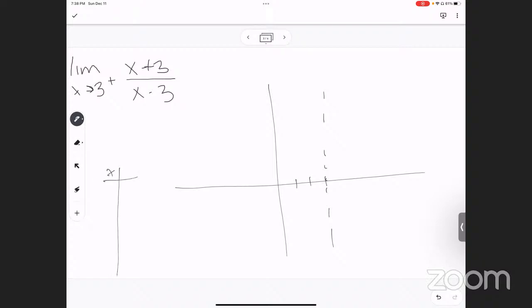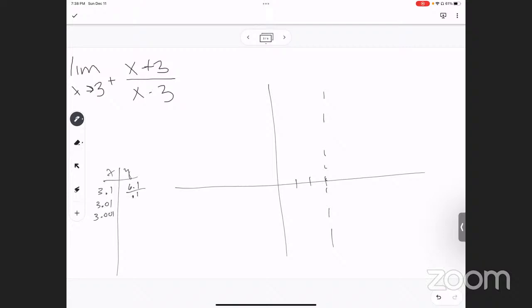You could take your x and your y and plug in from the right. So it would be 3.1, 3.01, 3.001, and you can just plug those in. That's fine, right? If you plugged in 3.1, you get 6.1 over 0.1.